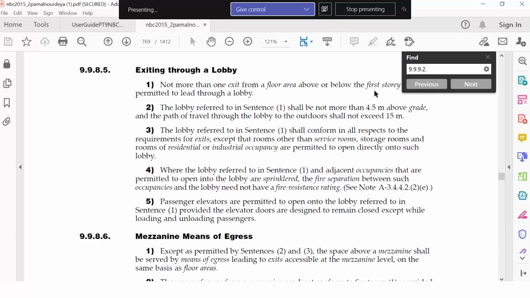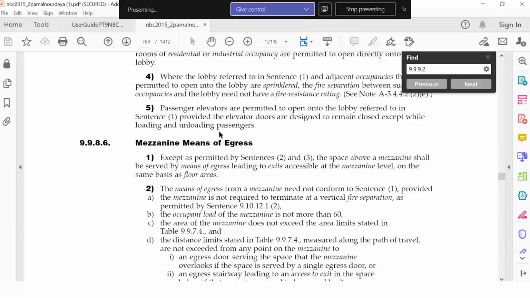So you cannot have more than one exit from the floor area above lead to the lobby. It's just only one exit from the areas above that can lead through. And if you have multiple exits, there's still only one exit that can lead through the lobby. In that case, you need to protect the lobby in accordance with 9985. And these are similar concepts that we have seen in Part 3.